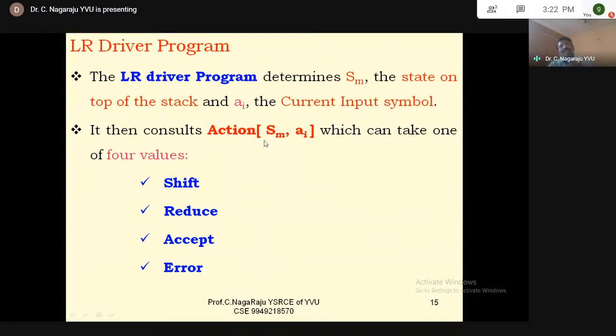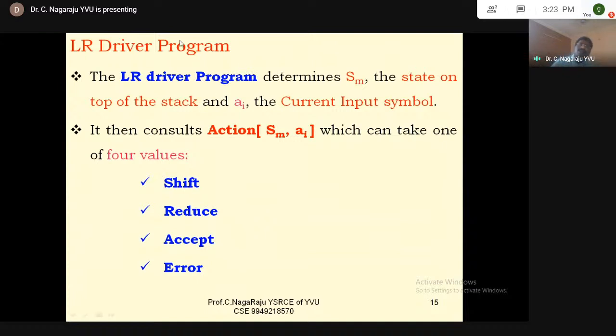Either the expression is shifted, meaning it is pushed onto the stack, or reduced, meaning the productions are replaced with the non-terminal, or the string is accepted or not. If there is any error, an error message will be displayed.